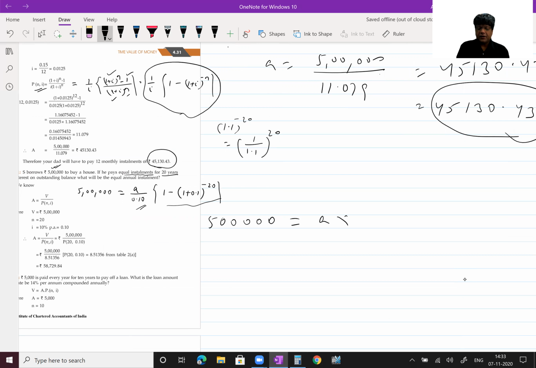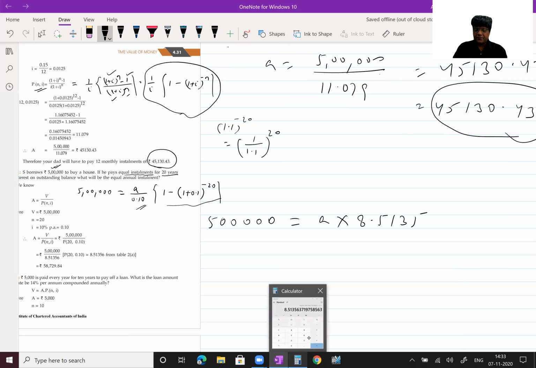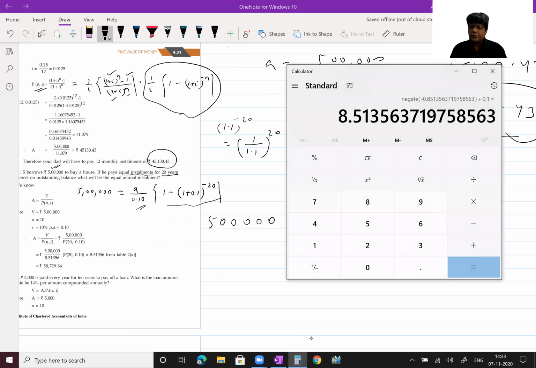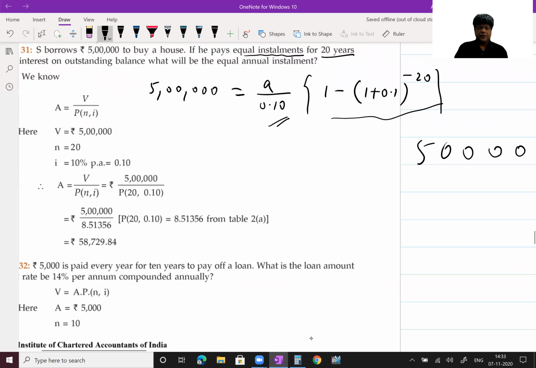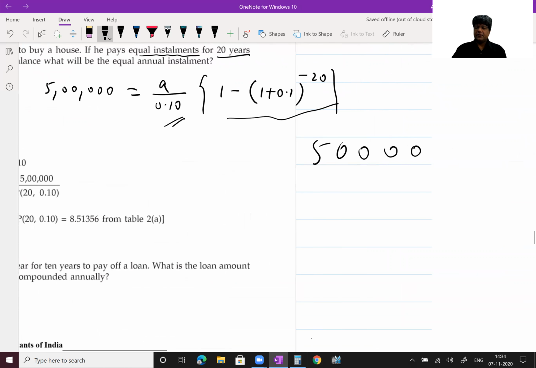So if I use that, 5 lakh is equal to A into 8.5135. The next digit is 6, okay, take that also, 8.51356. They have taken it, yes, see, 8.51356. Correct.